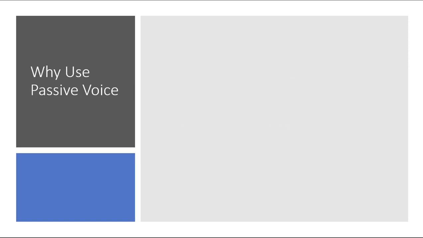So why is passive voice used? The first reason depends on the importance of the subject, verb, or object. If the subject is less important than the verb or object, the writer wants to emphasize the verb or object, then a passive sentence is best.